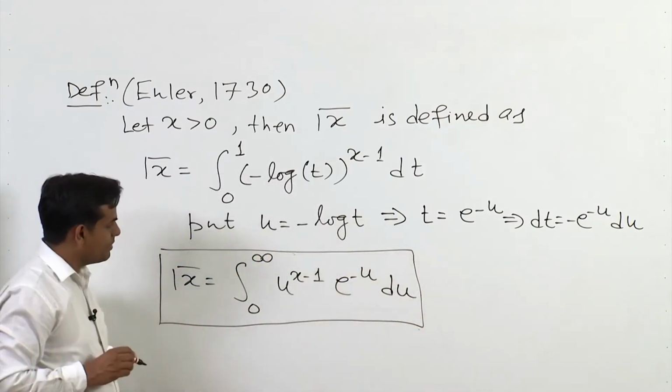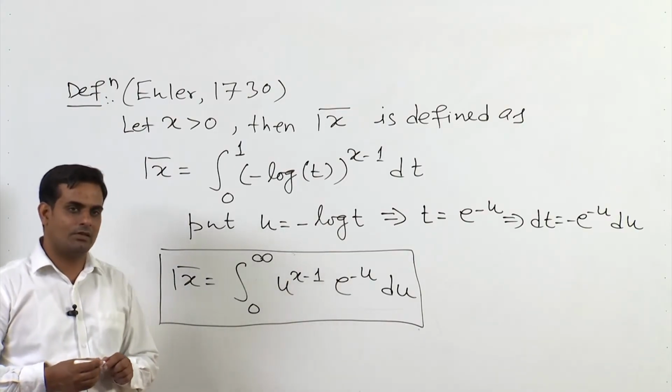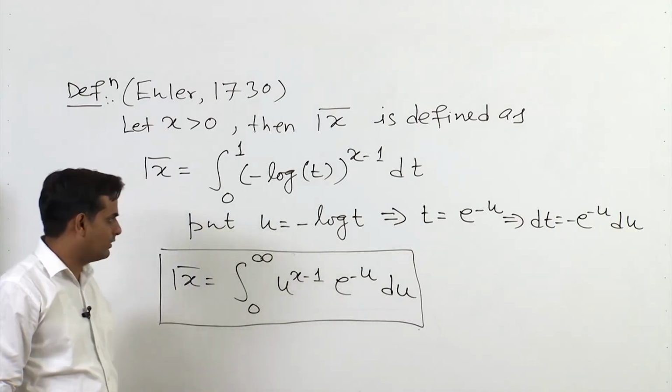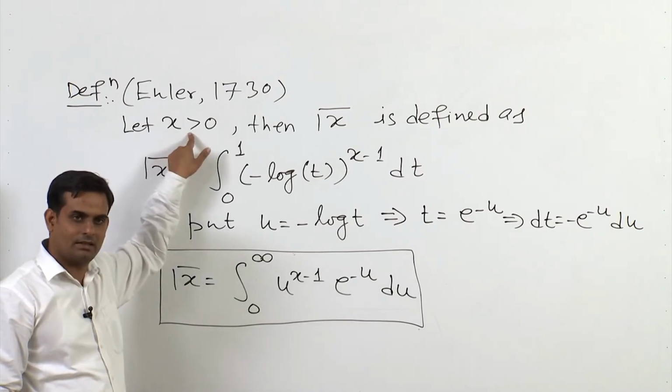This is the most popular definition of the gamma function, which we see very frequently in textbooks on this topic, and it is defined for positive x.